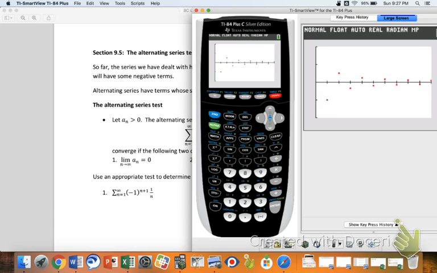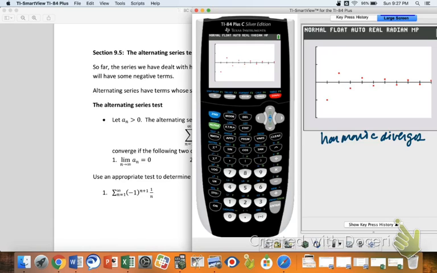So if you think back to the harmonic series, the harmonic series always diverges, and we talked a little bit about why that is. Harmonic series diverges essentially because the terms, although they do approach 0, they approach 0 too slowly.